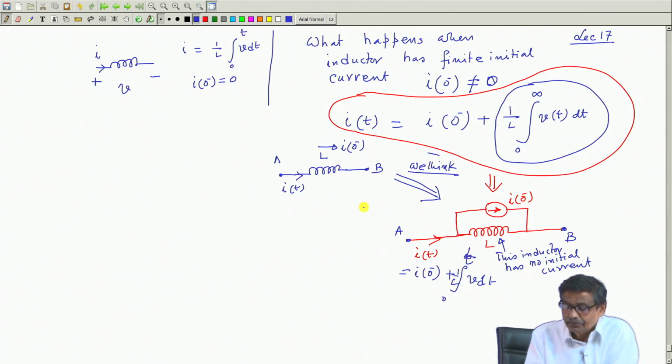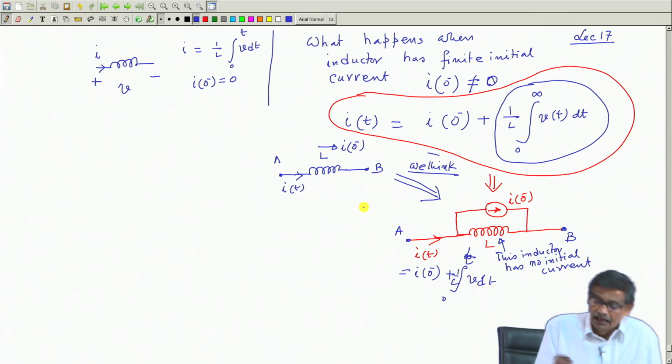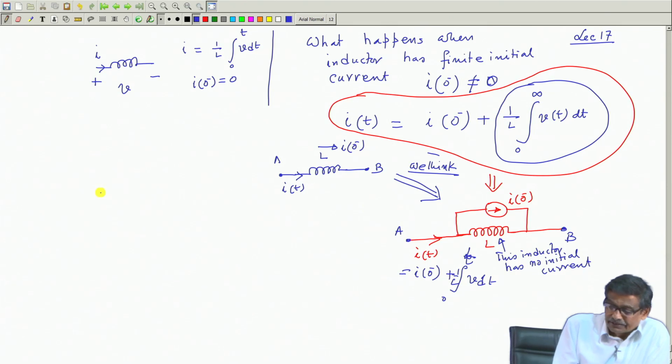Therefore, in a circuit when such an inductor is present with initial current, I will simply say, for example, let me draw a circuit so that everything is in place. Suppose you have a circuit like this.